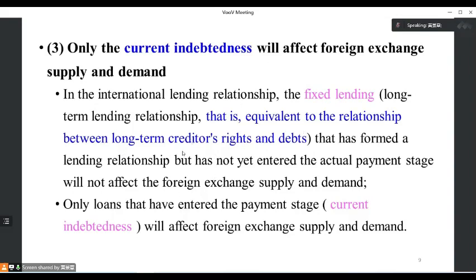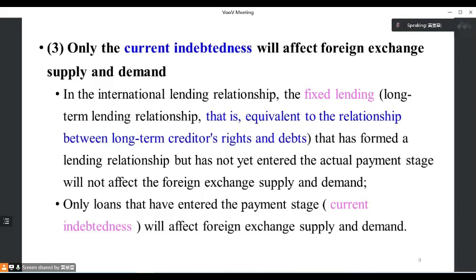This page tells us the definition of fixed lending, and that fixed lending cannot influence the exchange market and will not affect foreign exchange supply and demand, because fixed lending has formed a lending relationship, but has not yet entered the actual payment stage.